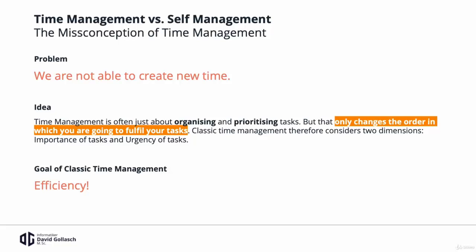The real goal behind time management is efficiency, right? So that you can do more things in the time you have, or you can do them in a better order, in a more organized way, and by not forgetting things, right?